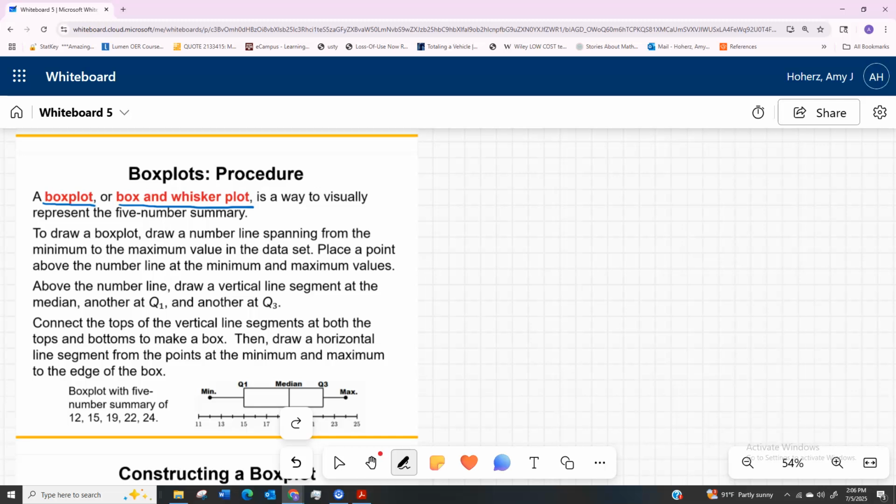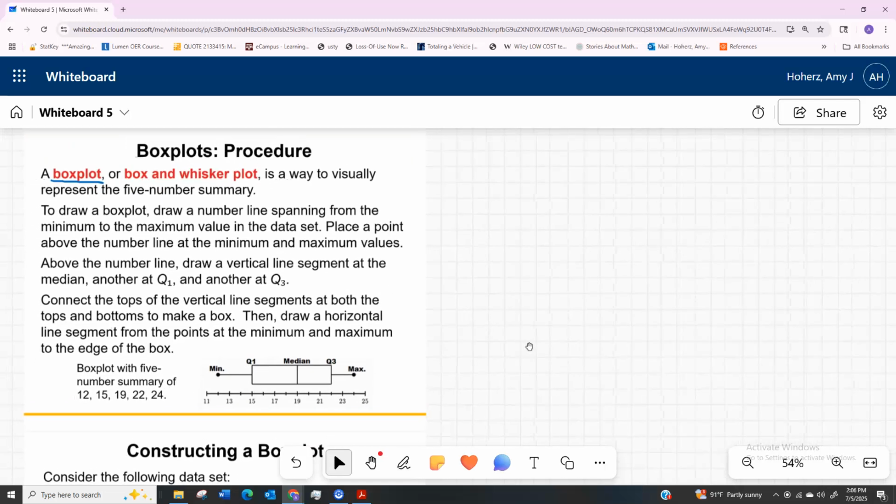So to draw a box plot, you're going to draw a number line that spans from the minimum value down to the maximum value. So from the minimum to the maximum. You got to make sure that your number line down here at the bottom goes at least from the minimum to the maximum. It doesn't actually have to go any further past that. Then you're going to place a point above the number line at the minimum and at the maximum.